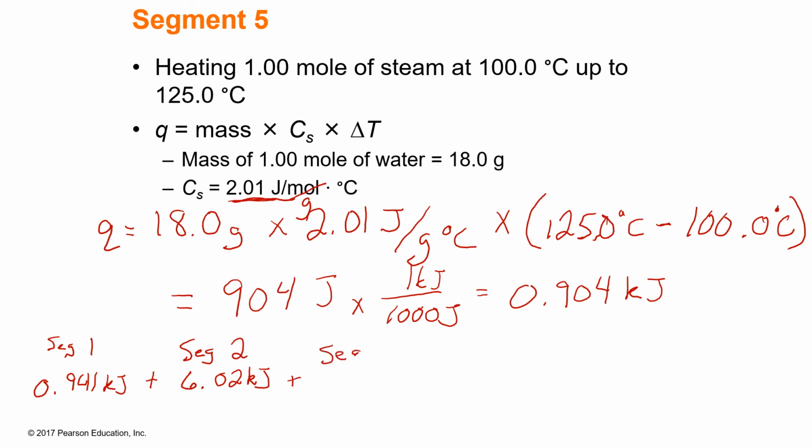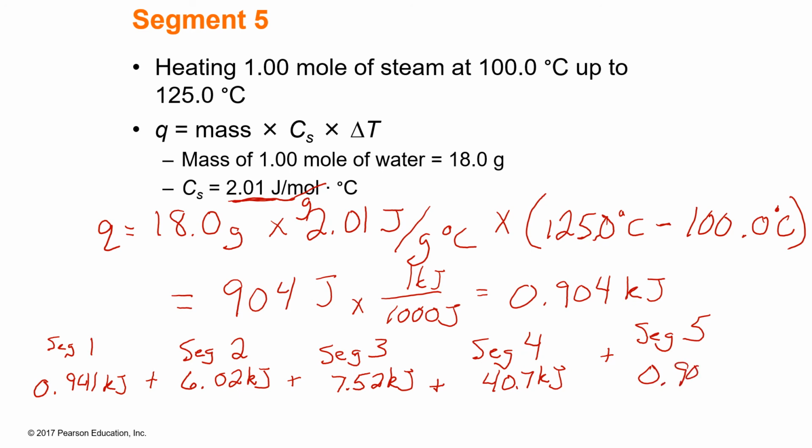Segment 3, we were heating the liquid up to the boiling point. Segment 4, we were boiling it, so changing it from the liquid to the gas. And segment 5, we were continuing to heat that gas to our 125 degrees Celsius.